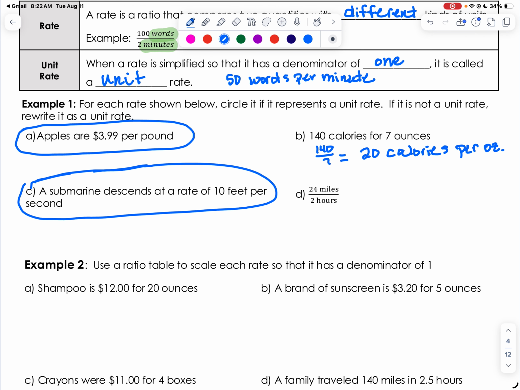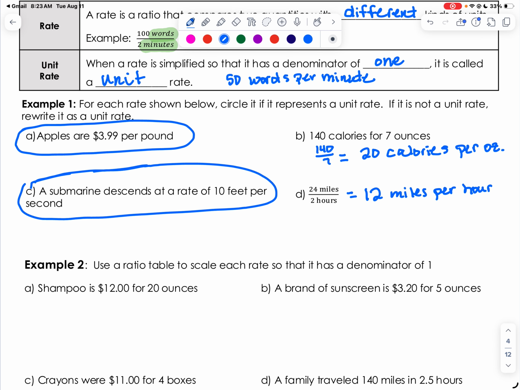Now this is a rate, but it's not a unit rate. For it to be a unit rate, we would have to know how many miles in 1 hour. So 24 divided by 2 would equal 12 miles per hour. Now it's a unit rate.